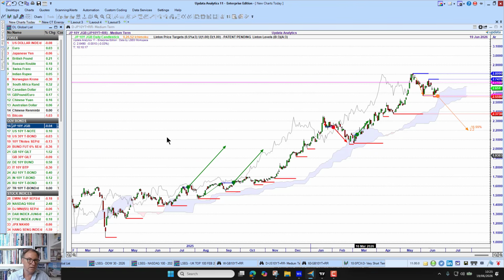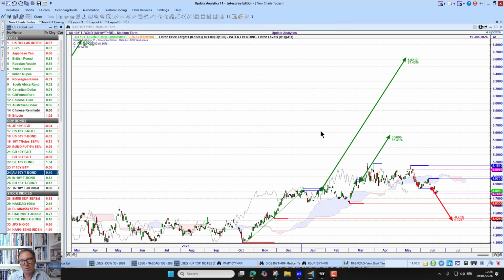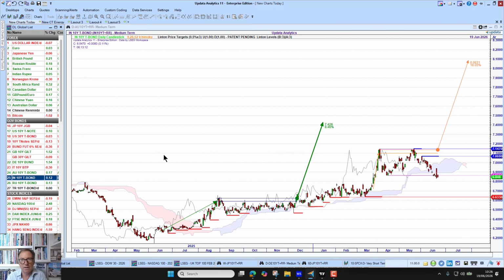Japan has not activated its downside target, so that's quite key. In Germany, another unactivated downside target, but again, the trend is up. Aussie bond yields also have activated a downside target, and spare a thought for India, which has potentially 8% yield if we break 7.